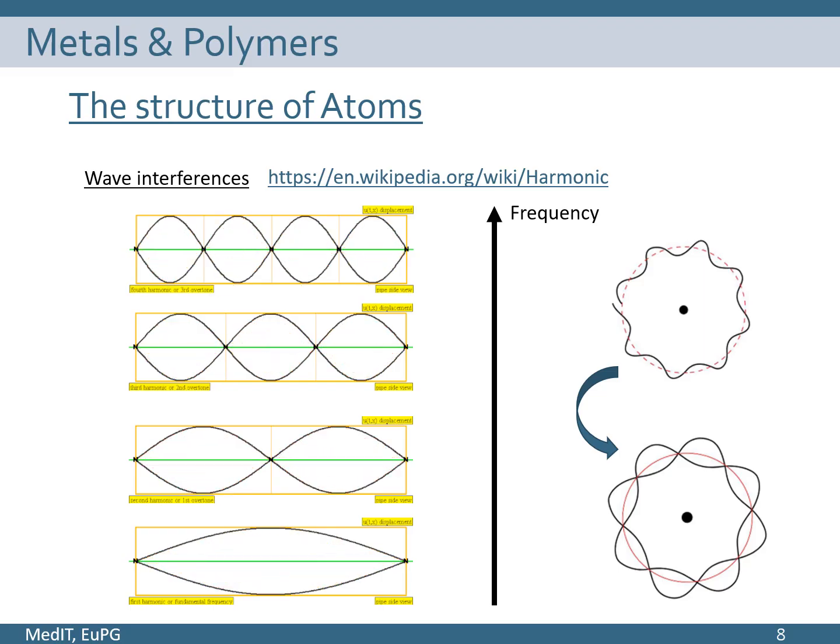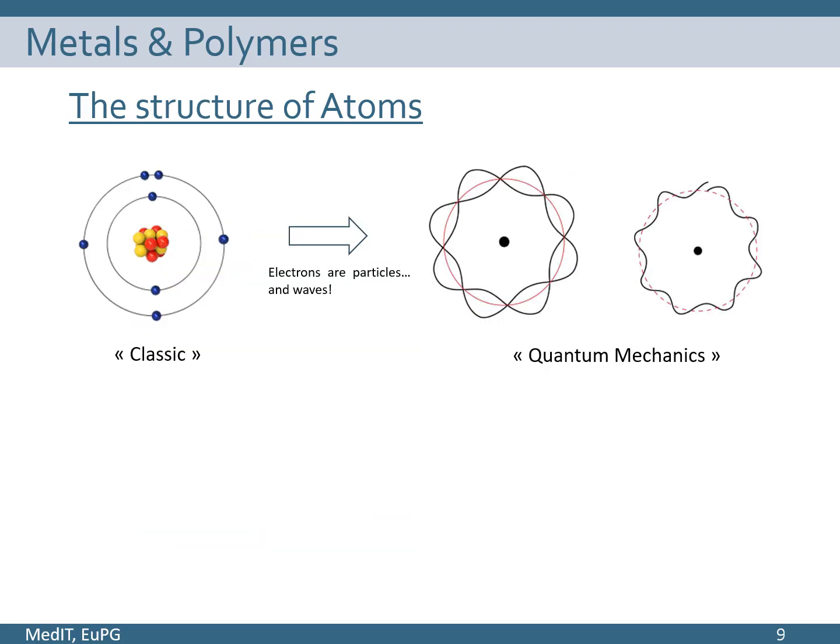Now you know where the electronic levels in an atom come from. All right. In summary, it is the wave-like nature of electrons and interference phenomena that explains the existence of electronic energy levels in atoms. So this is heavy.